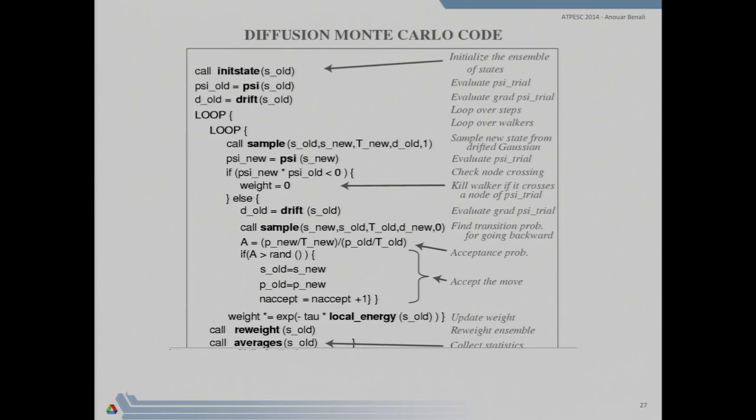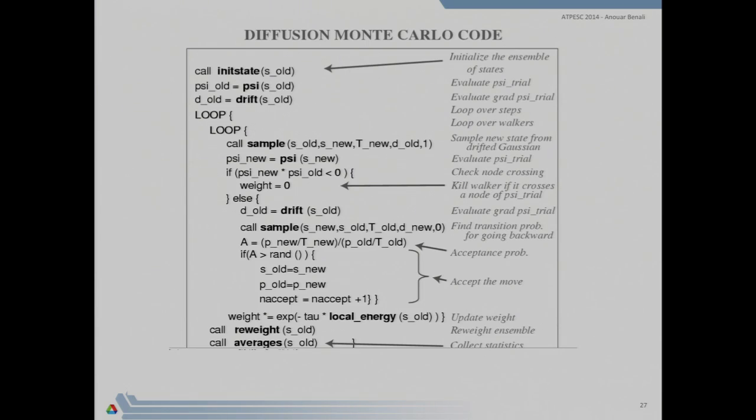So again, the algorithm for the diffusion Monte Carlo has the same type of steps, where we initialize our states. We're going to evaluate the trial wave function. We're going to evaluate the drifts that we have. And then we're going to apply everything that we saw, which is to generate a new trial wave function and add the weight for it to see if it's going to be viable or not.